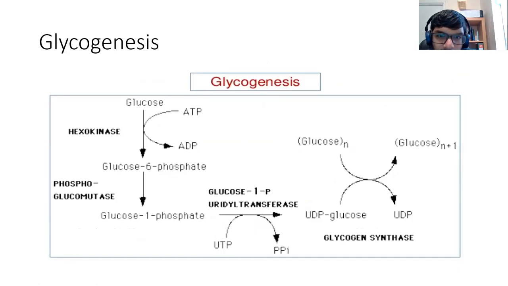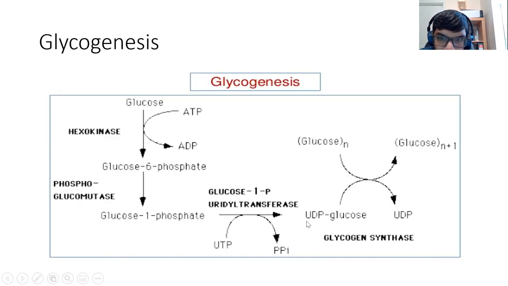Glycogenesis is this one you're familiar with. This is part of glycolysis, but the key distinction here with glycogenesis is the fact that we use this enzyme here, glucose-1-phosphate uridylyltransferase, and that converts UTP to this molecule PPi, and eventually this forms UDP-glucose. UDP-glucose is essential for glycogen formation.